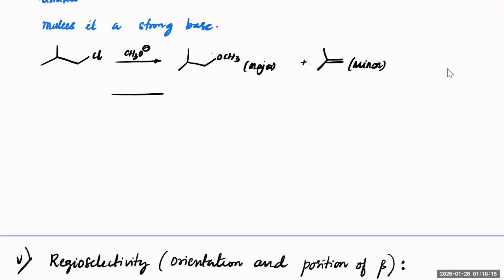But in case you have CH3O minus and heat, in such case you will have this double bond formation, and that will be major, while this OCH3 formation will be minor.